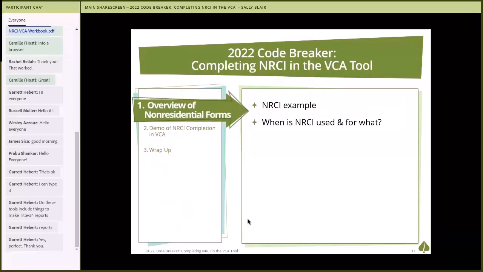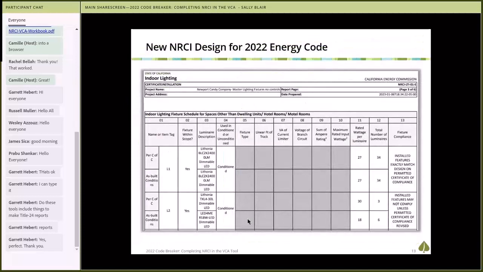Okay, so I thought we would start by just looking at an example installation certificate. I keep saying that it's been redesigned, and I think the best place to start is to just look at one. So this is an example for indoor lighting. This is non-residential.